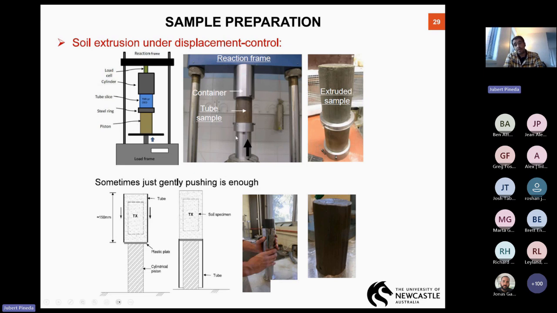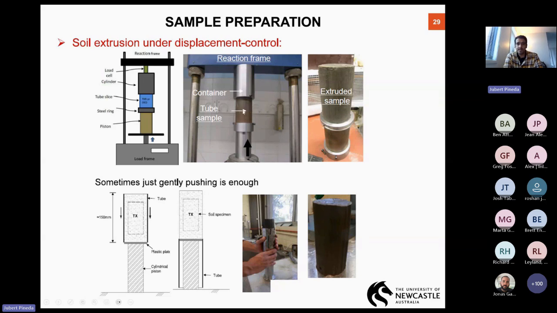In the example at the top of the slide, this is more for medium to dense silty samples from Barcelona. In these cases, the pre-consolidation stresses are higher than 200 kPa, and the soil is quite stiff, so we had to design this extruder system, which is very simple.